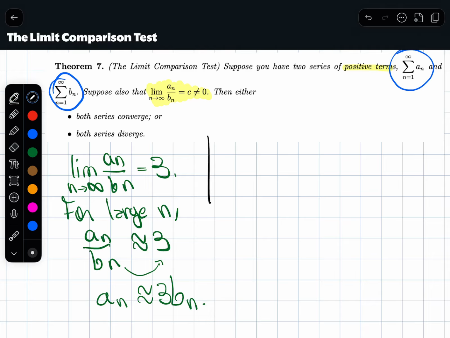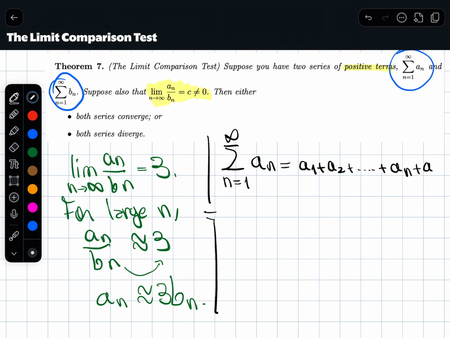So what does that mean? If I'm adding the terms of a_n, I'd be adding a_1 plus a_2 plus dot dot dot up to very large values. So let's actually give it numbers. Let's say I'm adding a_1000 and a_1001 and so on.